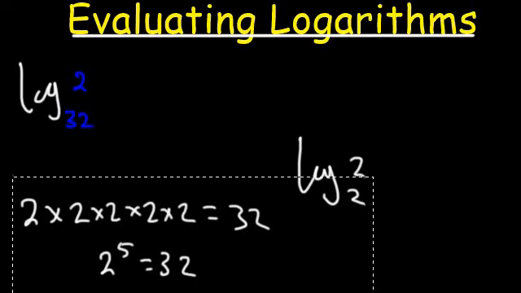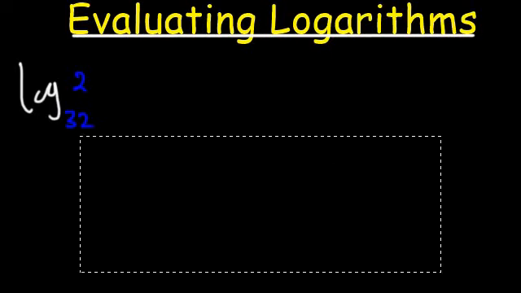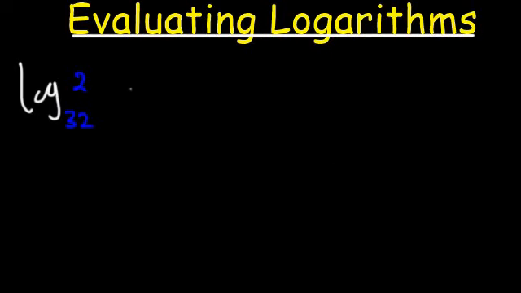So left over, we're going to be having something like this. This is indeed equal to log of 2 to the power of 5 of 2. Now remember, we are allowed to bring 5 to the front of the logarithm in order to maintain the general form of the logarithm expression. But the 5 won't be coming to the front of the logarithm and acting in place of a whole number, but a reciprocal.